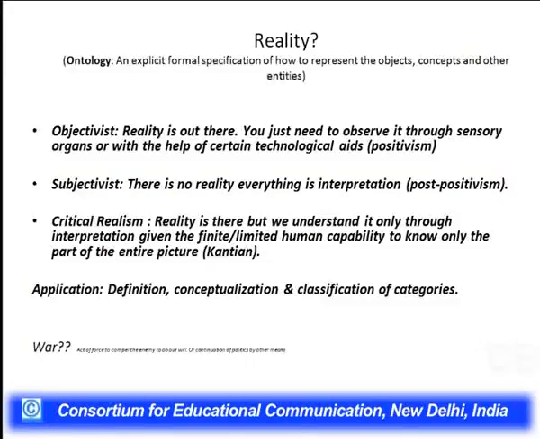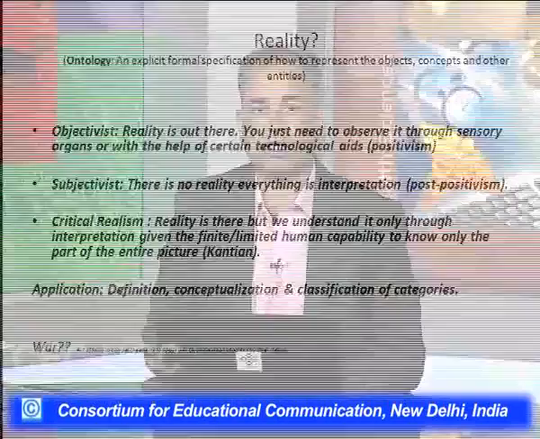Objectivists will argue that reality is out there. You just need to observe it through your sensory organs, or with the help of certain technological aids. This is the positivist argument: reality is out there, and you just need to observe it through your sensory organs, or with the help of technological aids, applying the scientific method, as they call it.